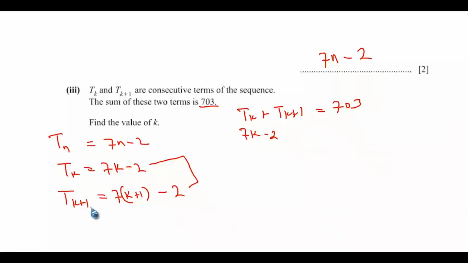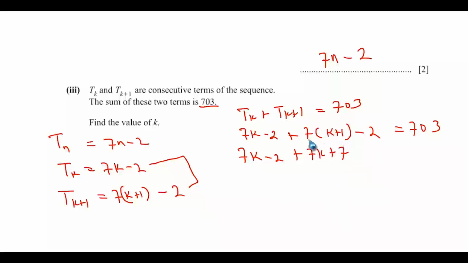Then we have the tk plus 1 term, which will be plus 7 into bracket k plus 1. Then let's minus 2, then equals to 703. So let's expand the bracket. We have 7k minus 2 plus 7k plus 7.